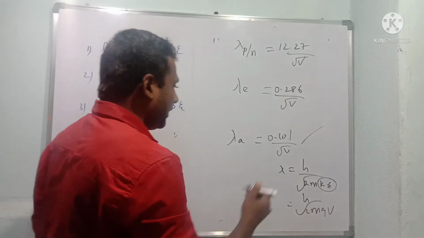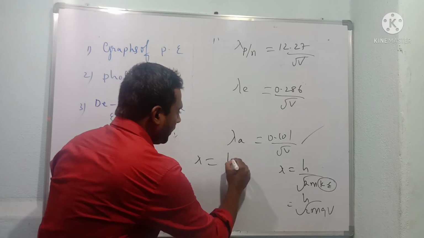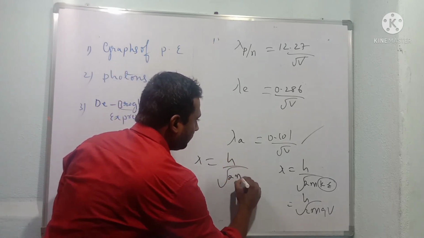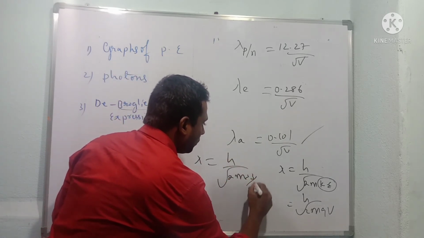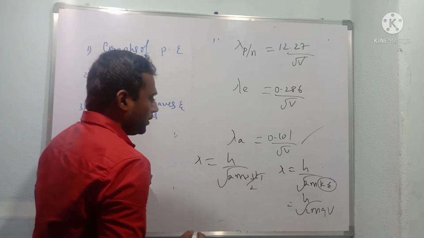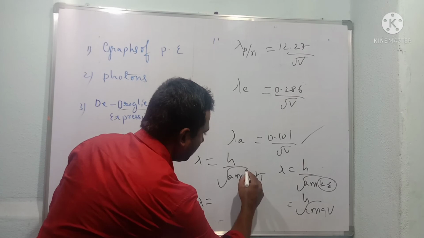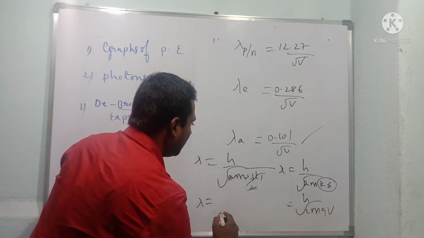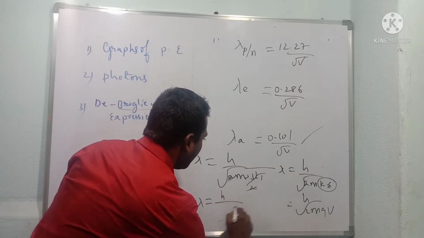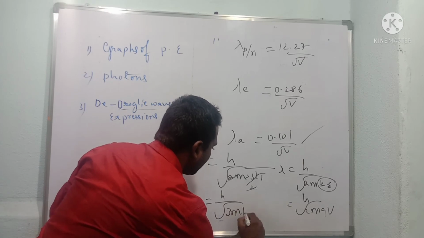Now lambda is equal to h divided by √(2m × 3/2 kT). The 2 cancels, and it becomes h divided by √(3mkT). This is for gaseous molecules.